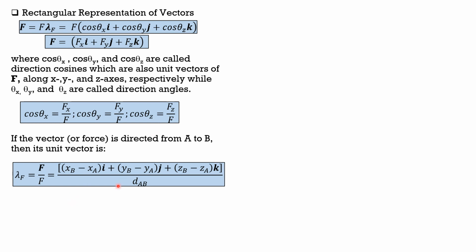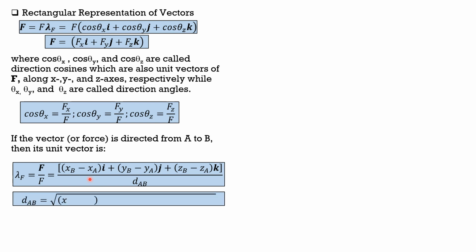So it is the terminal minus the tail coordinate. And the distance AB is the square root of the quantity (xB minus xA) squared plus (yB minus yA) squared plus (zB minus zA) squared.